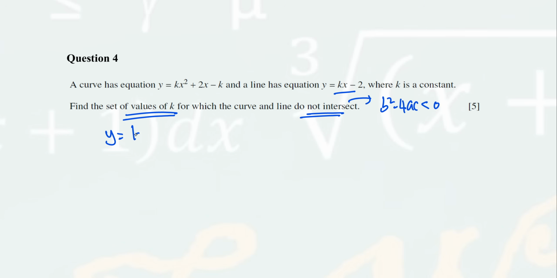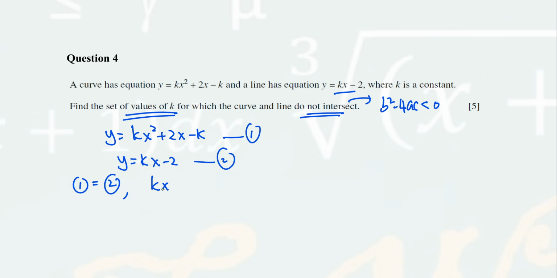And again, we need to solve the simultaneous equations. So I will be getting kx squared plus 2x minus k equals kx minus 2. And now here, rearrange all the terms.